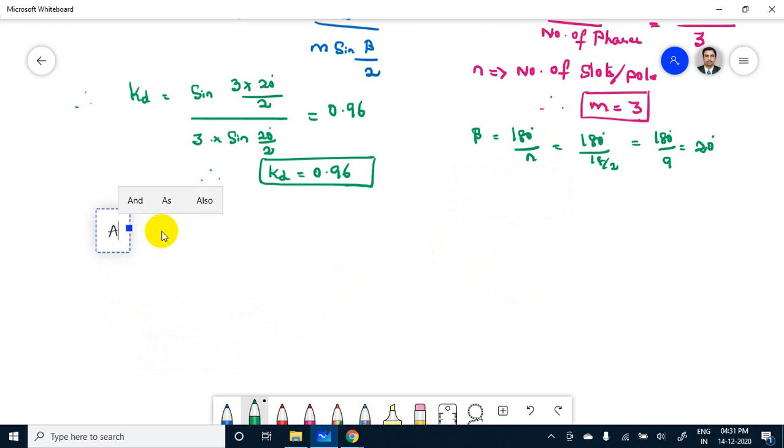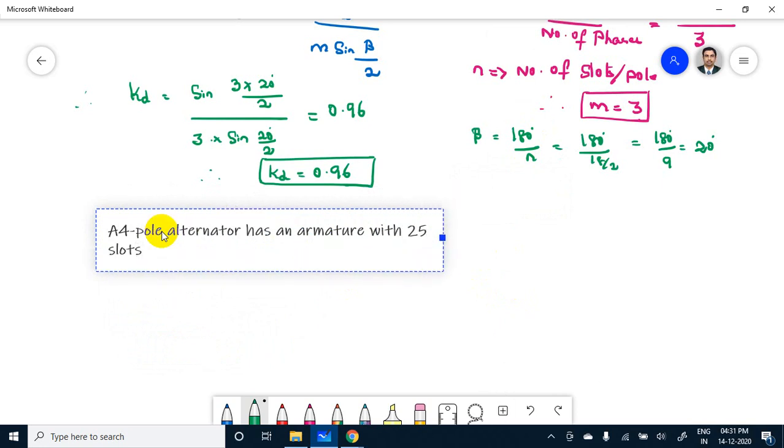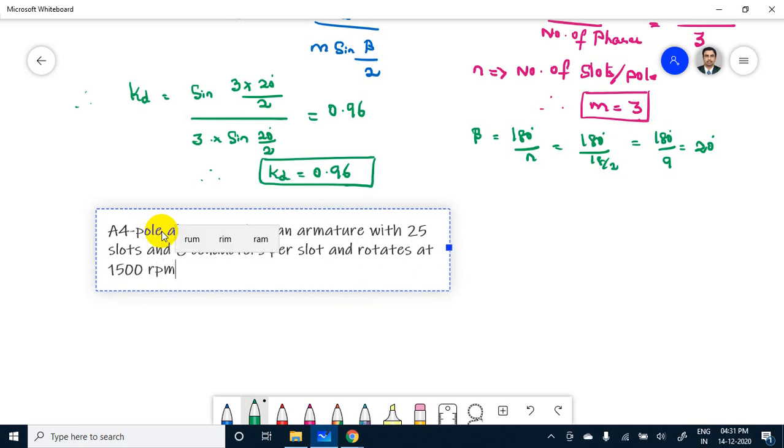Okay. A four-pole alternator has an armature with 25 slots and 8 conductors per slot and rotates at 1500 rpm, and flux per pole is 0.05 Weber.